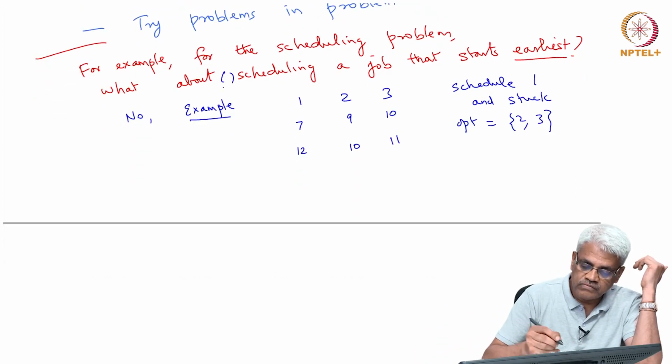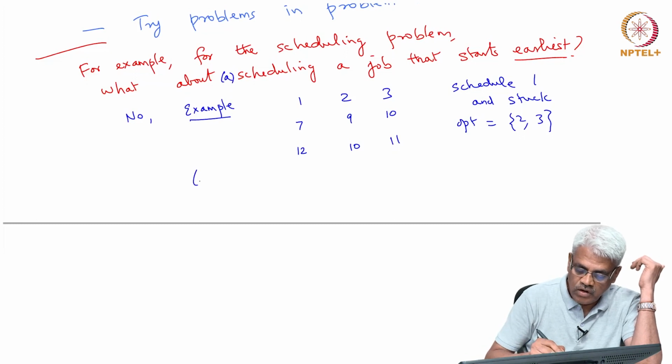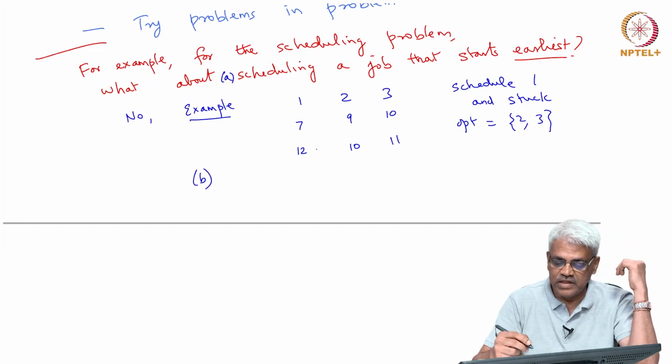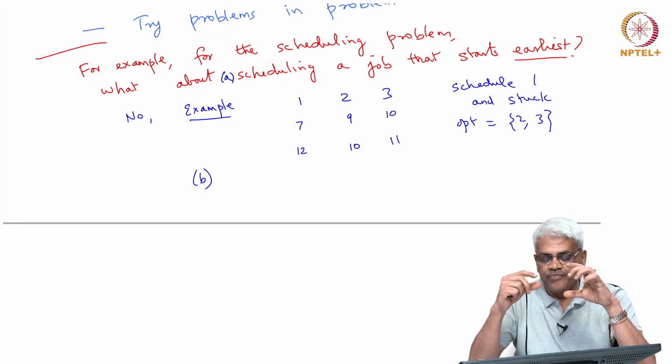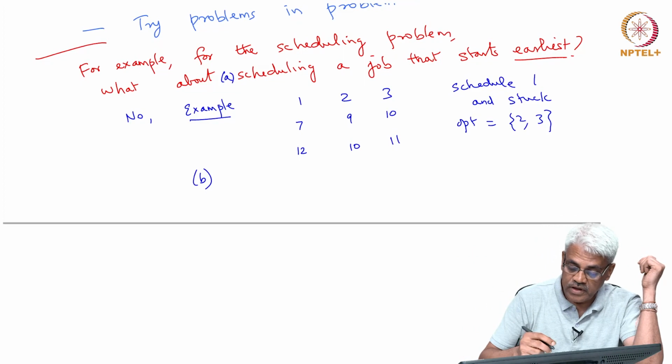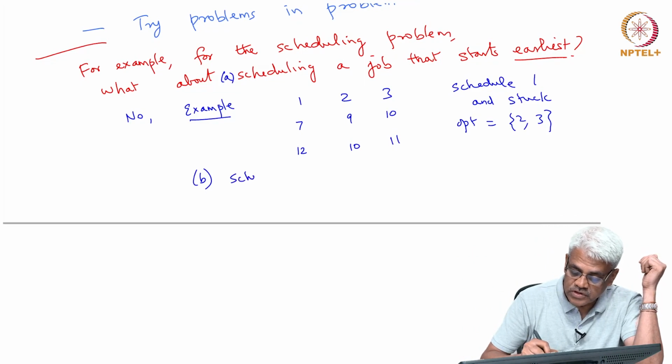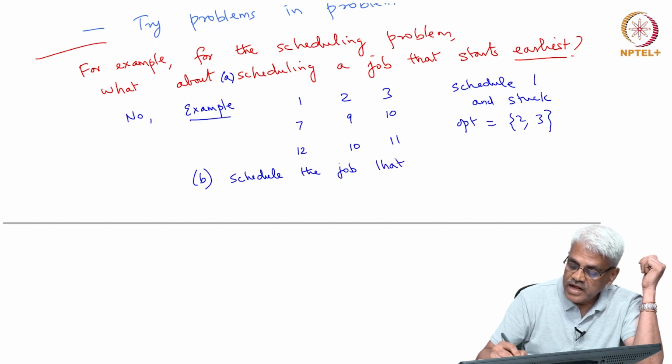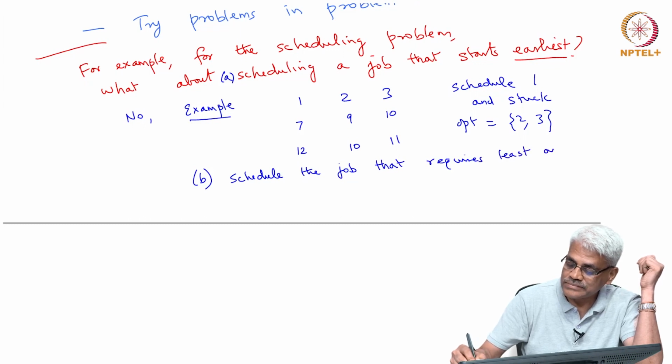Okay, can you think of some other strategy? Well, you might say, well, in this example we are stuck because the first job takes the longest duration. So maybe schedule jobs that require the least amount of time, because again that releases my resources fast.